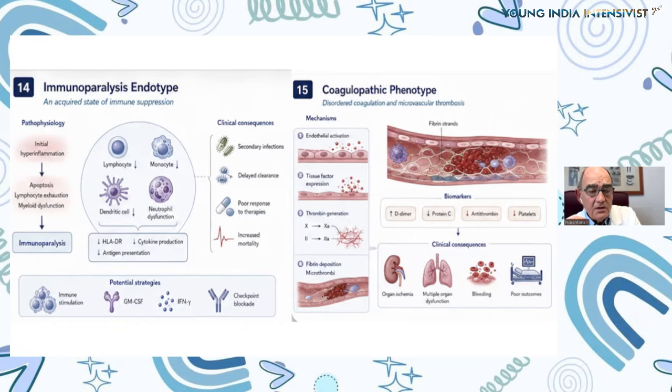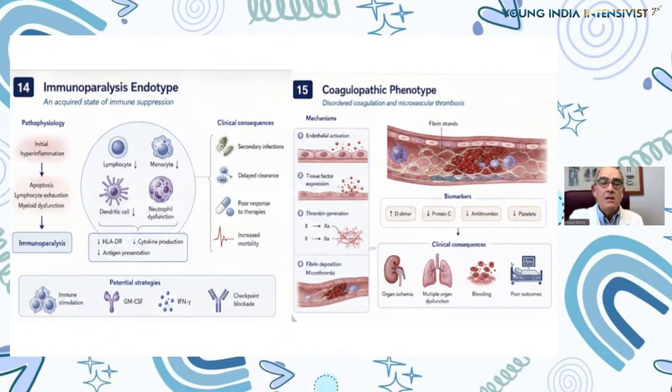Our goal is to restore immunocompetence from this immunoparalysis through immunostimulation.